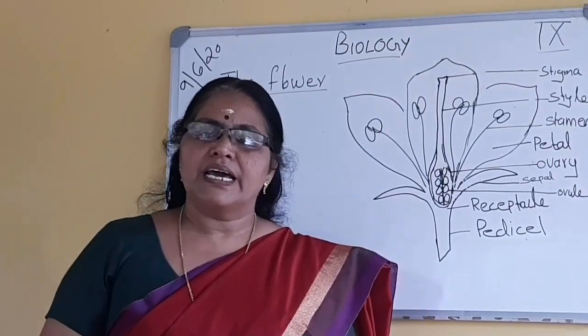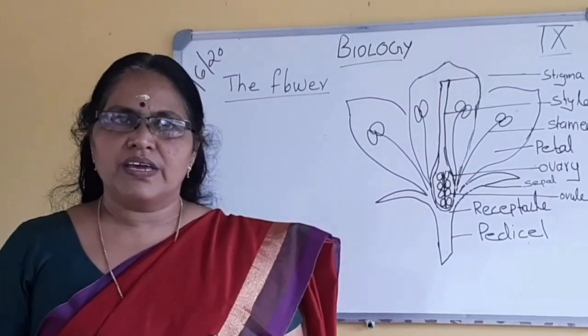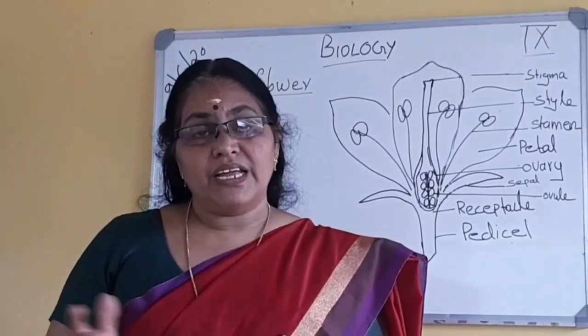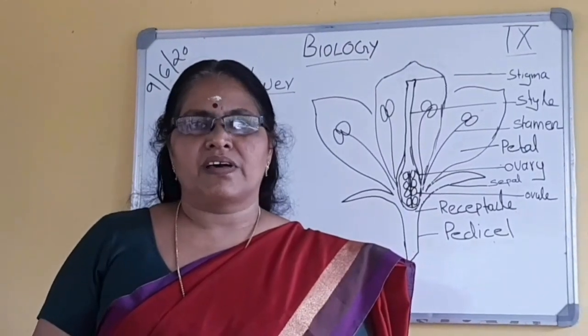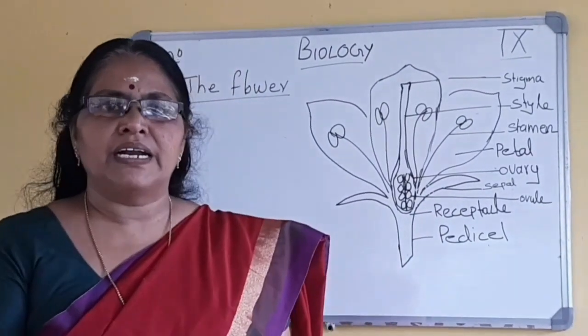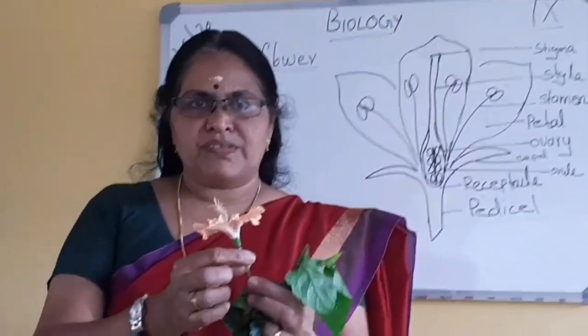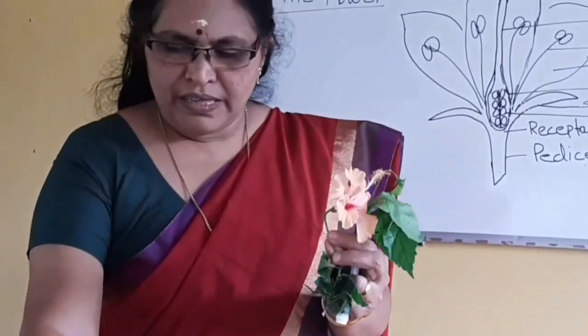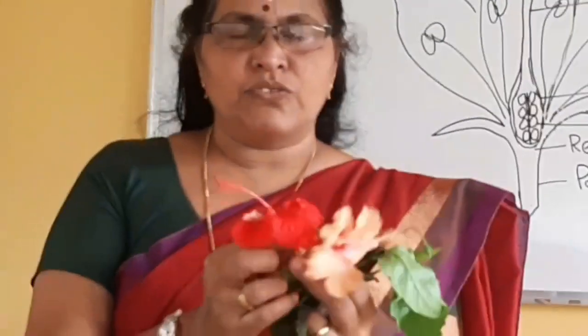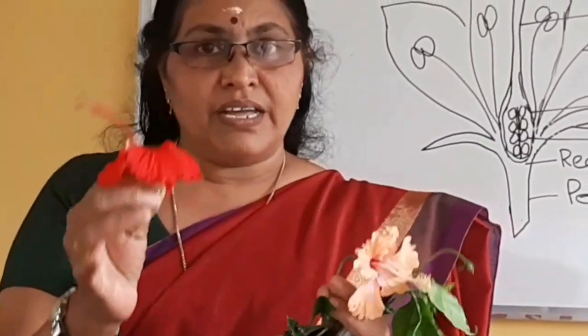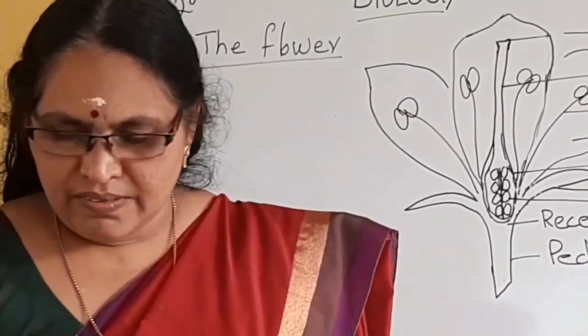There are different types of flowers. You can see the variety of flowers in our surroundings. Here is a flower, hibiscus. You are familiar with this flower. Here is another variety of hibiscus.